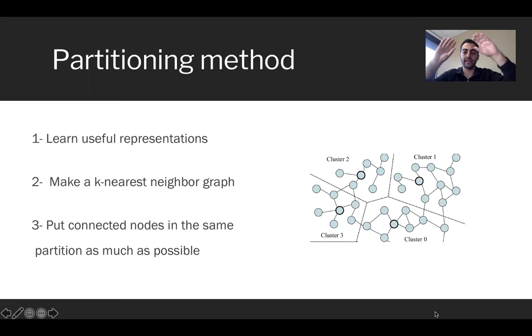After we make that representation, shown here as different nodes, we make a k-nearest neighbor graph on top of those representations. Afterward, we put connected nodes in the same partition as much as possible. Then we do the partitioning or clustering of the space.